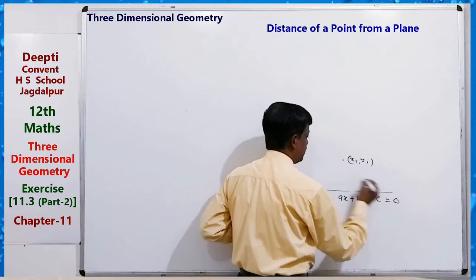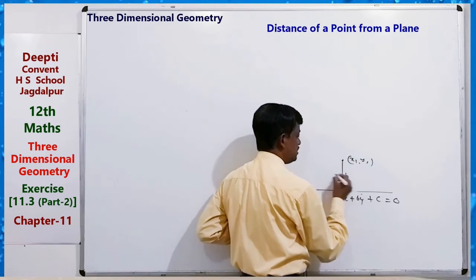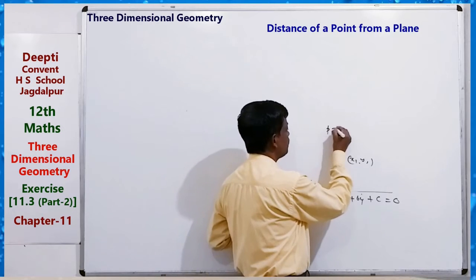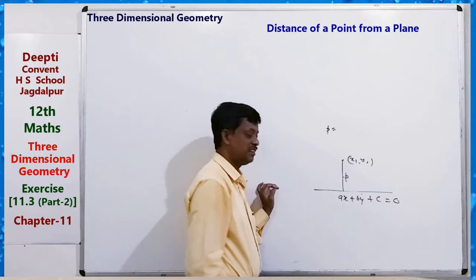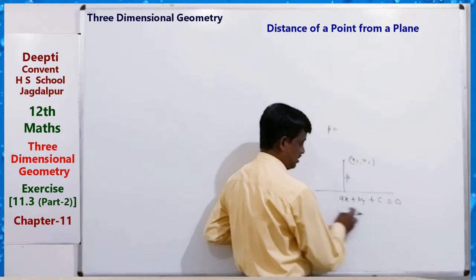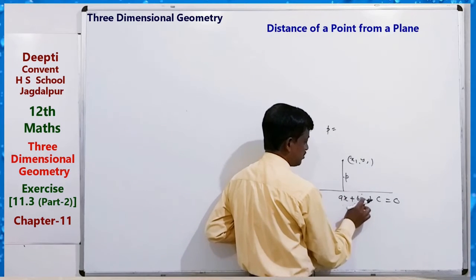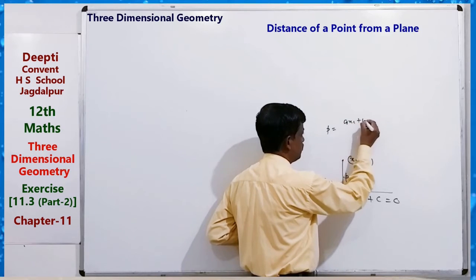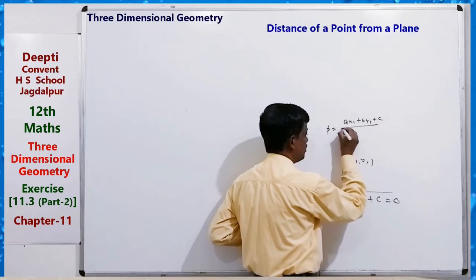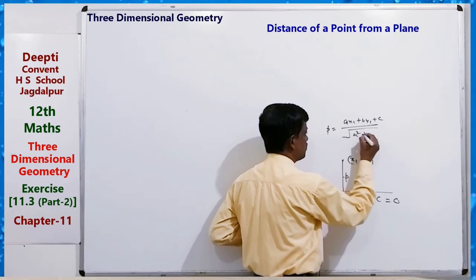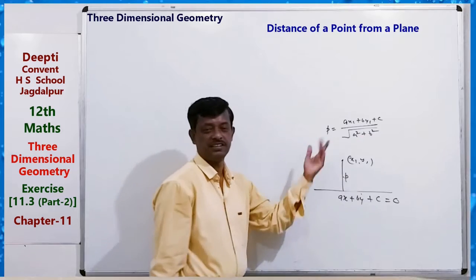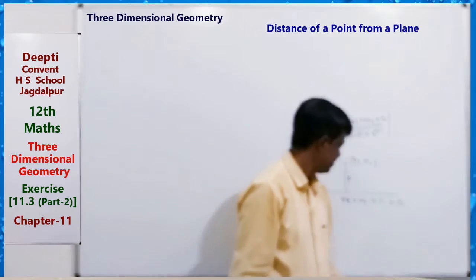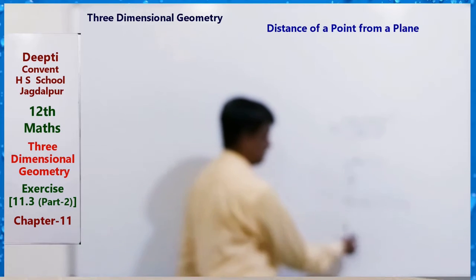This distance p is given by, in the two-dimensional plane, p equals ax1 plus by1 plus c upon square root of a square plus b square. This is the perpendicular distance.